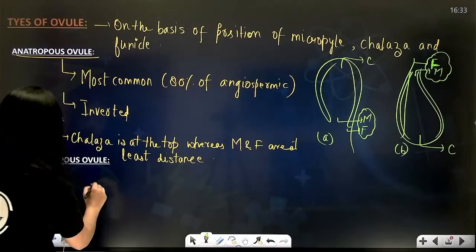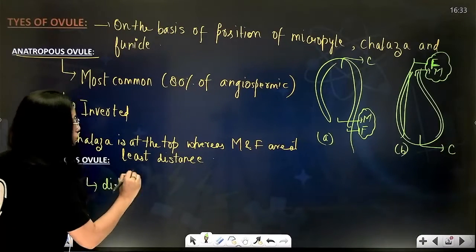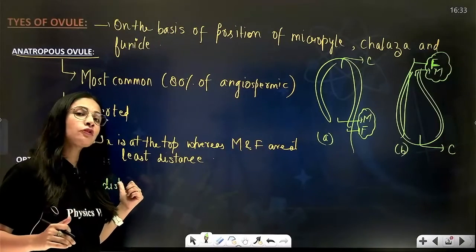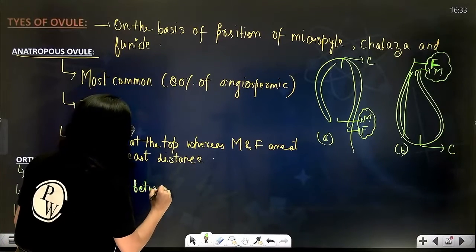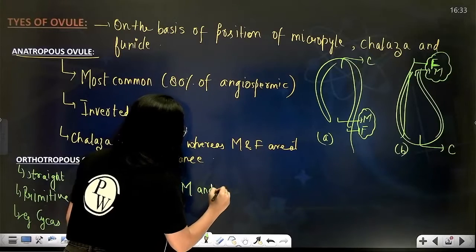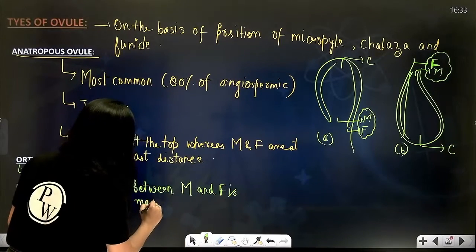So, what is an orthotropous ovule? The main point is to check the distance between micropyle and funicle. So, in case of orthotropous, the distance between micropyle and funicle is maximum.